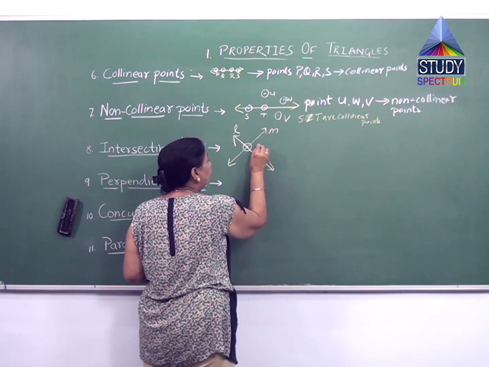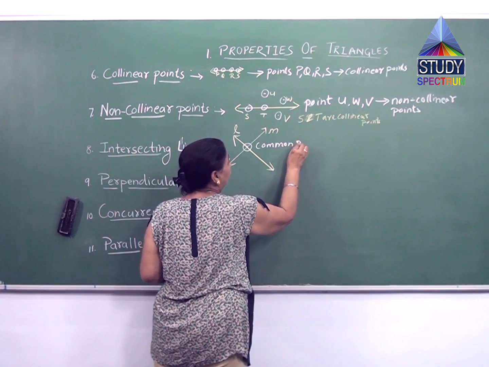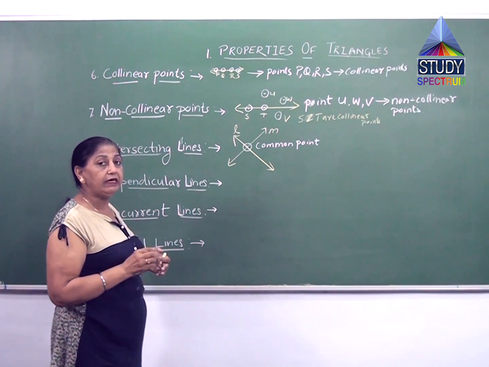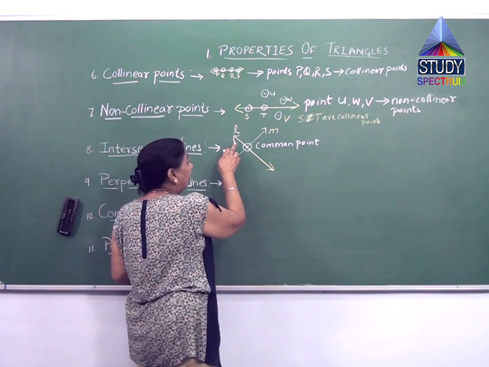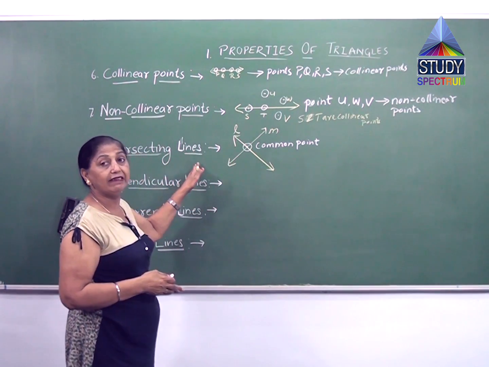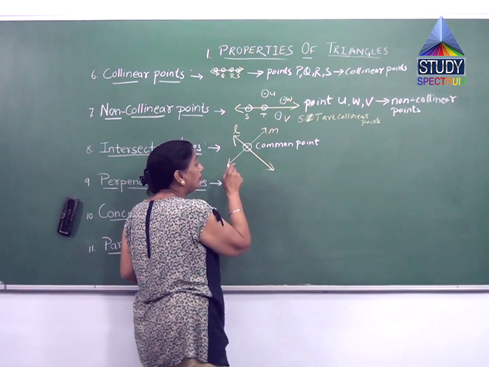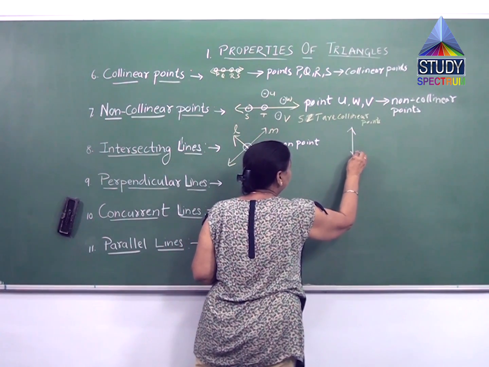So this point is a common point. So the intersection of two lines is always a point, and the lines which intersect each other are known as intersecting lines. They can intersect and form four angles. They can intersect like this, perpendicular to each other.